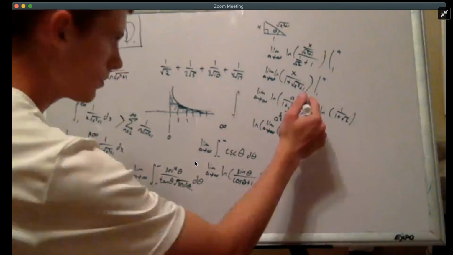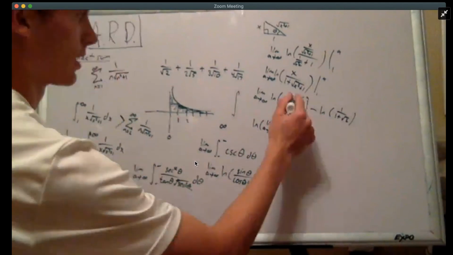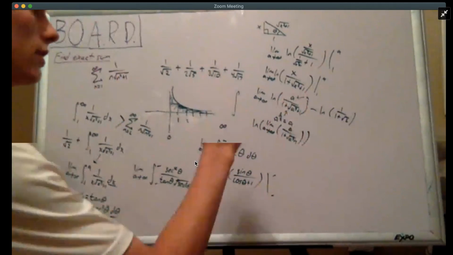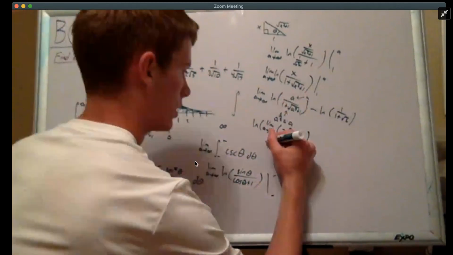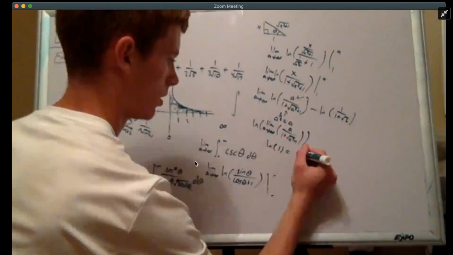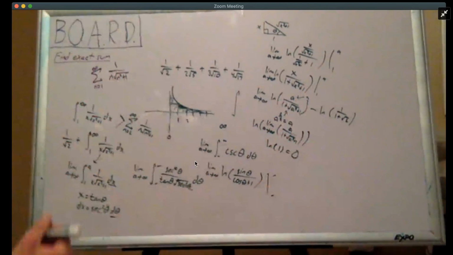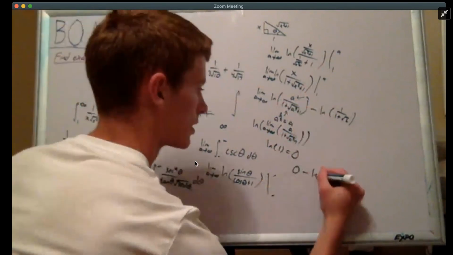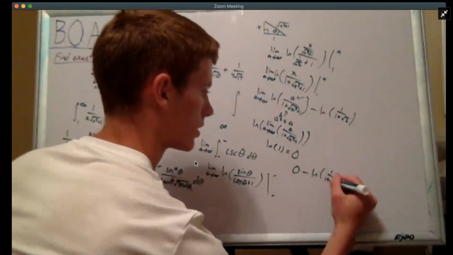If this is a, this is a, there's no coefficients, that will simplify to 1 as a approaches infinity. So ln of 1, e to the 0 is 1, meaning that ln of 1 is 0. So it's 0 minus the natural log of 1 over 1 plus root 2.